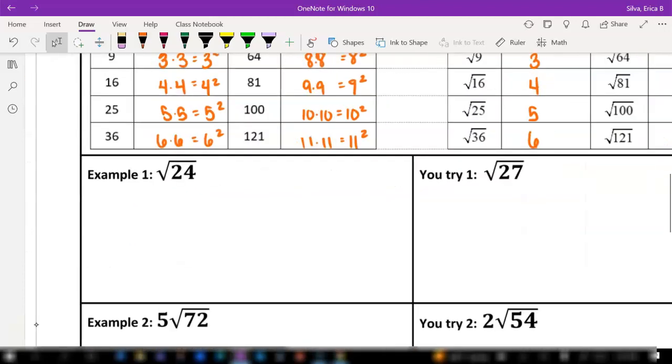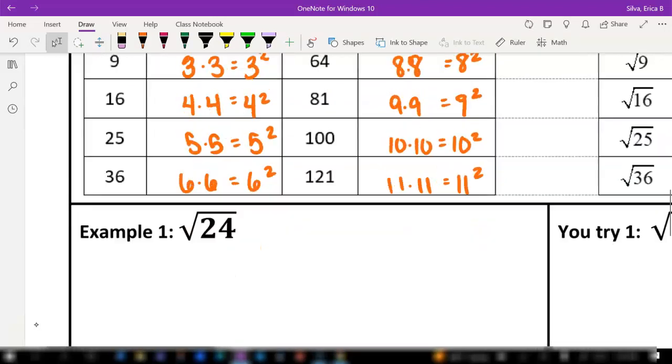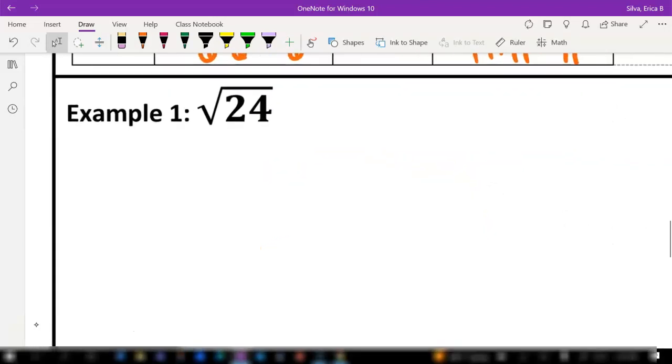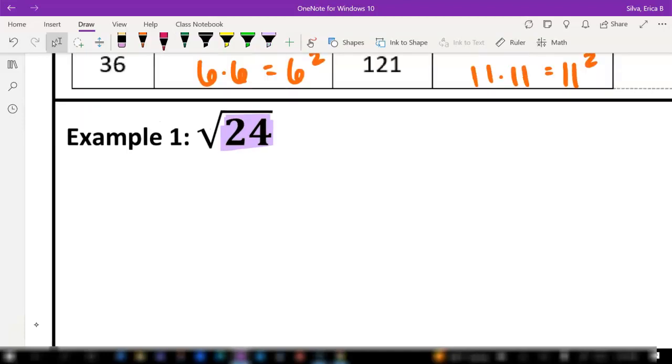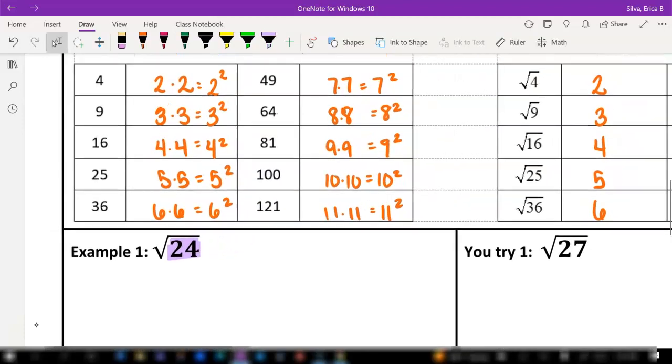All right. Now when we look at simplifying radicals, we look at the number under the square root sign, or the radical symbol, which is my radicand, and then we try to divide by the largest perfect square. This is my list of perfect squares.